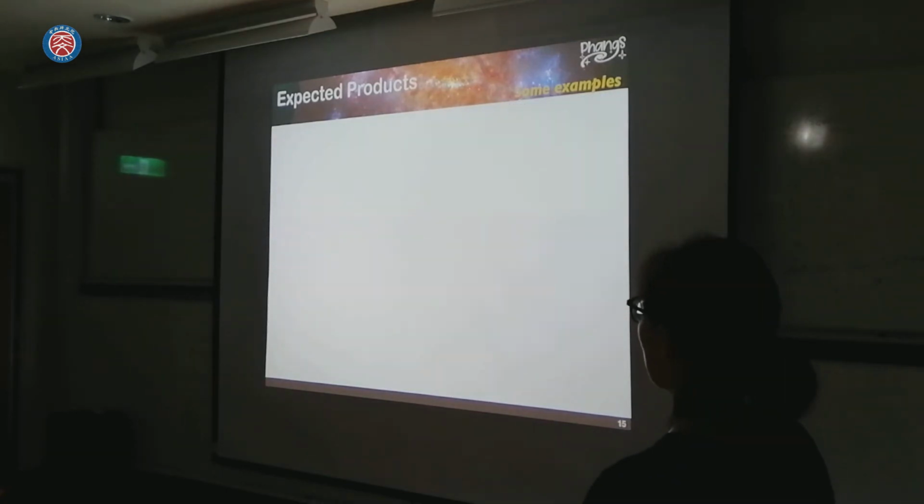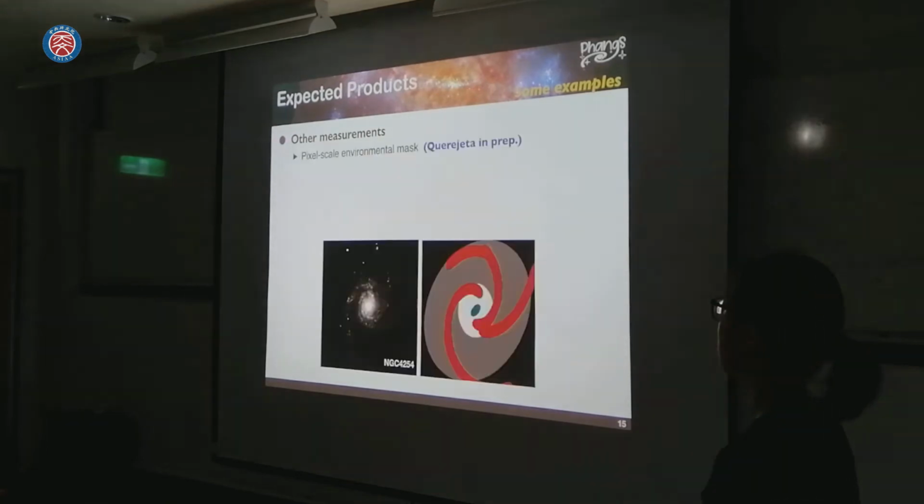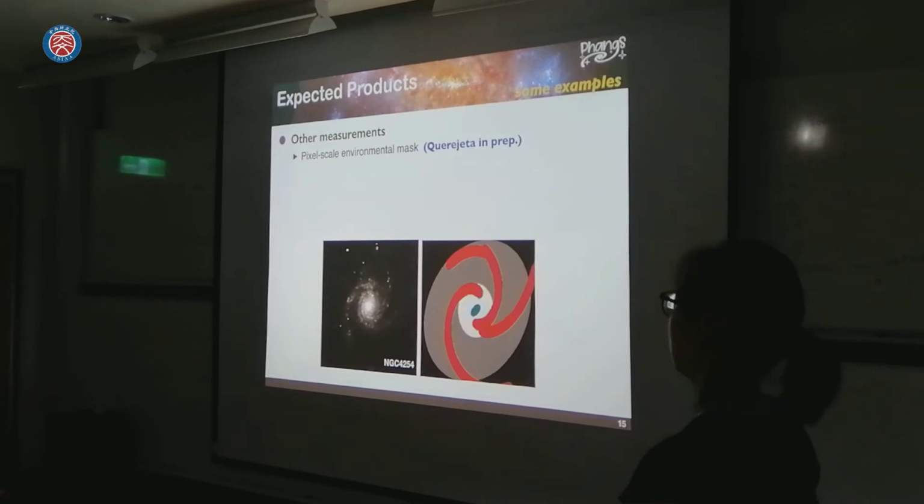And then there are more other measurements, like pixel scale environmental masks. Here's an example. The environment here means the galactic structures, like bulge or spiral arms, inner ring, circumnuclear ring.